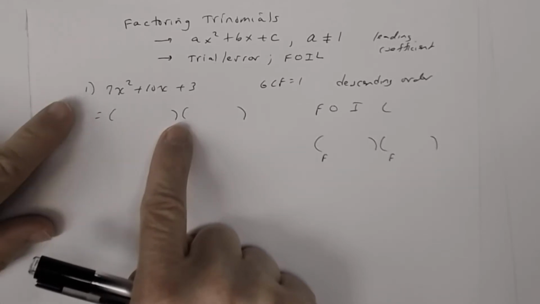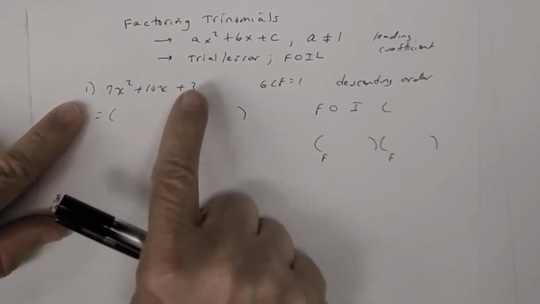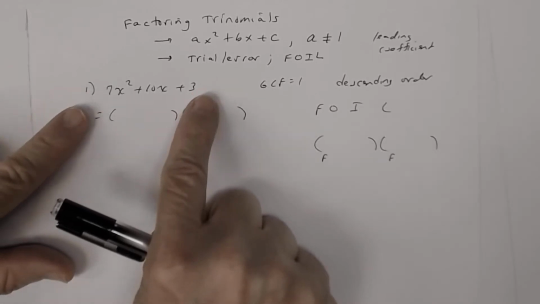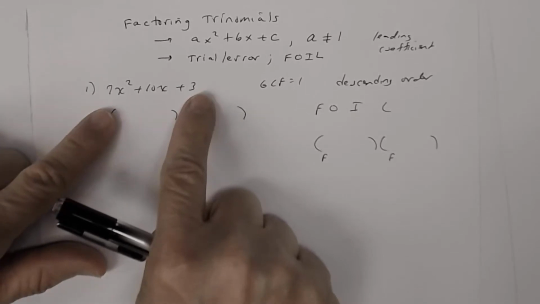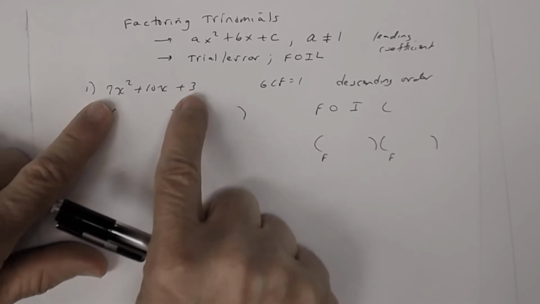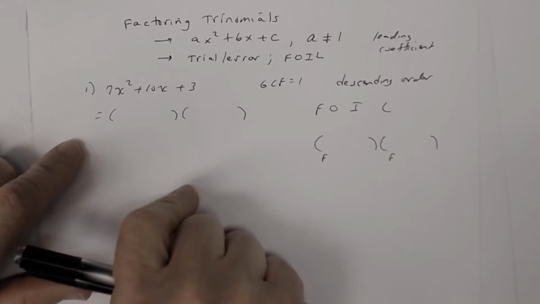So that makes number 1 an easy problem, because that's prime. And in fact, the last term is prime as well. It makes things a lot easier for us when you're dealing with prime numbers. But not all of them are prime numbers. Your leading coefficient and your constant are not always going to be prime numbers. But if at least one of them is, it makes things a lot easier.